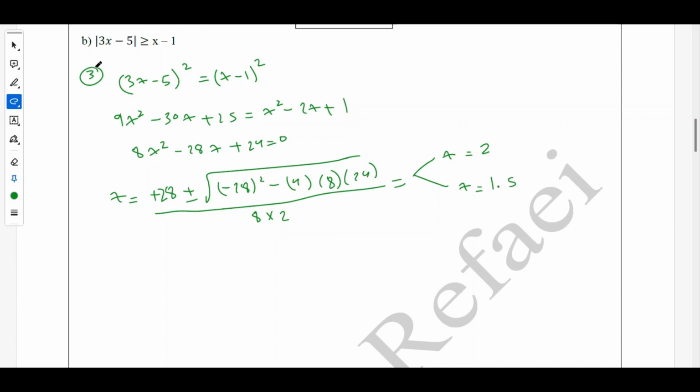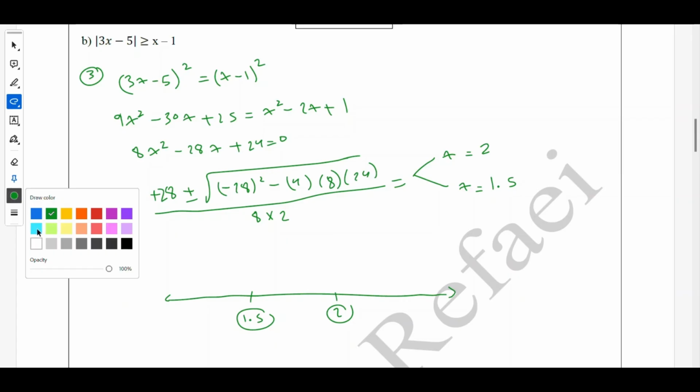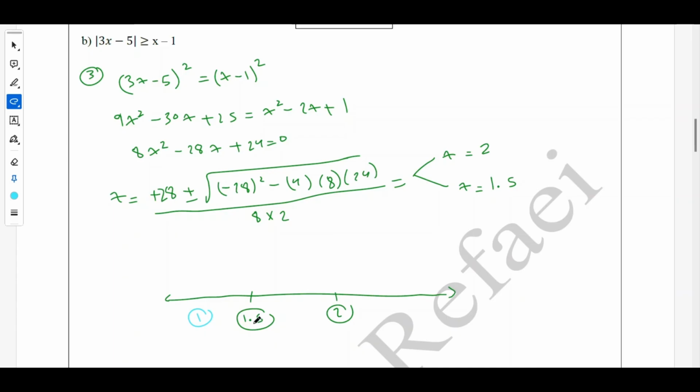I'm solving an inequality, not an equation, so I'm going to draw a number line. I'm going to pick a value less than 1.5, for example 1, a value between 1.5 and 2, let's say 1.6, and a value greater than 2, for example 3. I'm going to substitute these three values in this inequality to find out where I get a correct inequality.